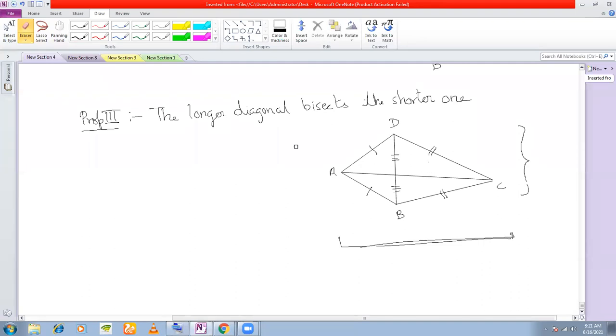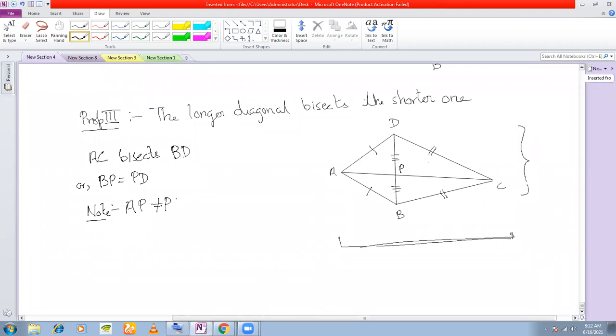Okay. If I call this P, then I say that AC bisects BD. Or you can write BP is equal to PD. And note that I want to give you is that AP is not equal to PC.